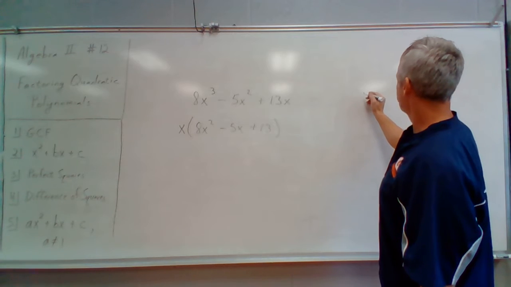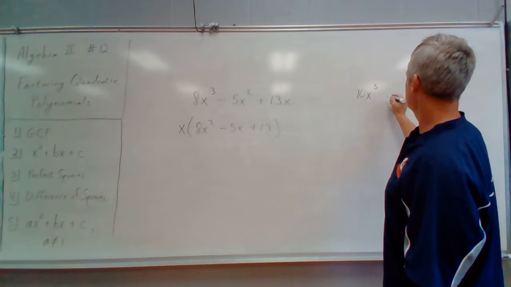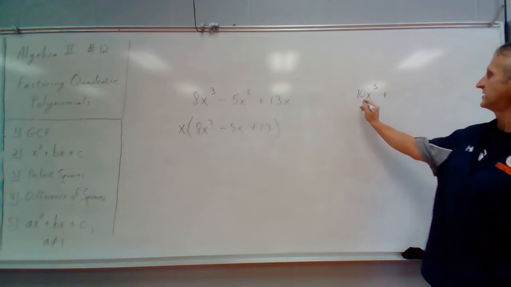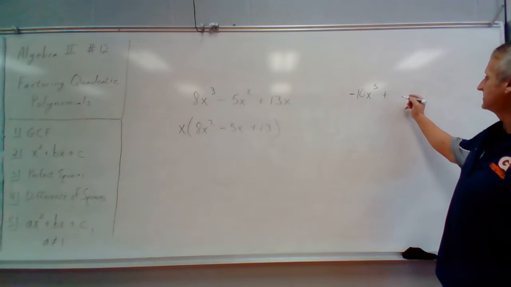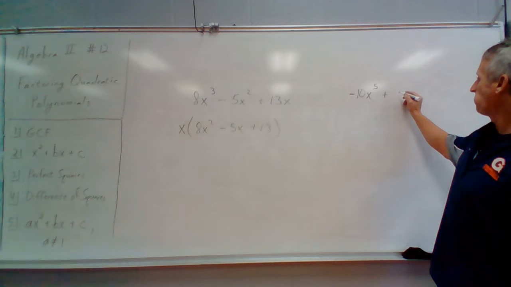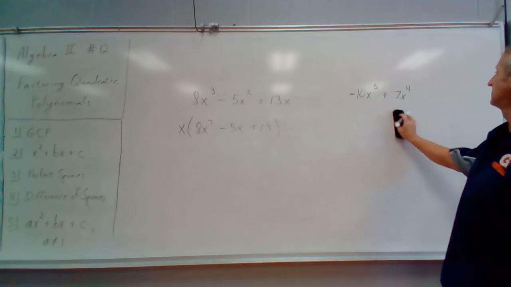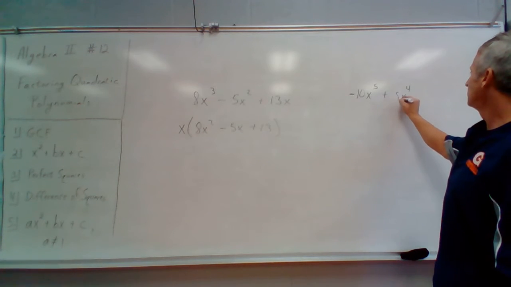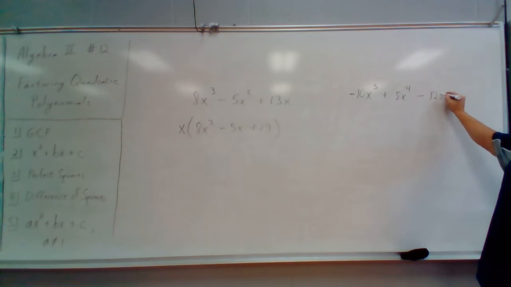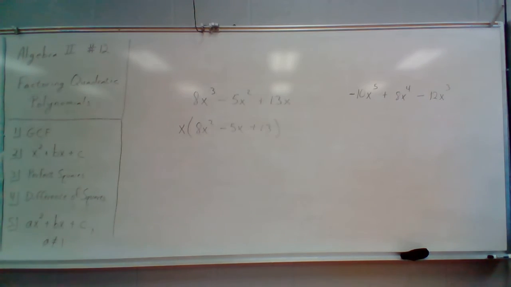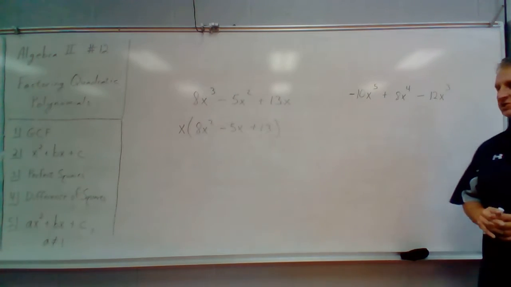Let's factor, let's say, negative 10x to the fifth plus 8x to the fourth minus 12x to the third. All right, let's find the GCF.